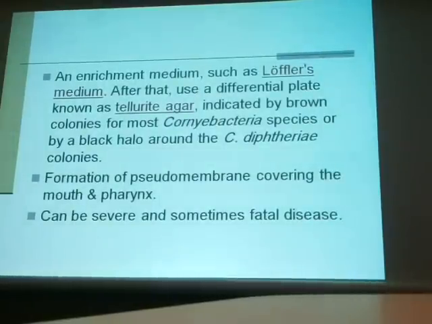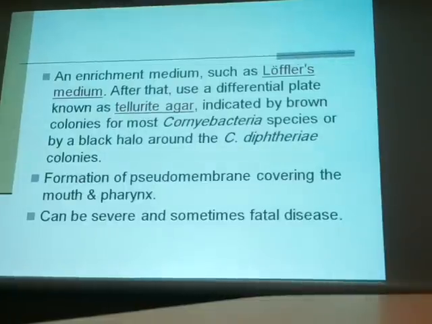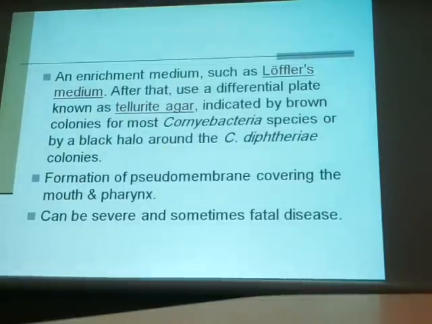Now we must use differential selective media for Corynebacterium diphtheriae. After we see gram-positive bacteria under the microscope, we culture and sub-culture in an enrichment media, which we call Loeffler medium. After that, we sub-culture in a differential media, which is tellurite agar. These bacteria reduce the tellurite, so the colony has a brown color or a black halo around the colony.